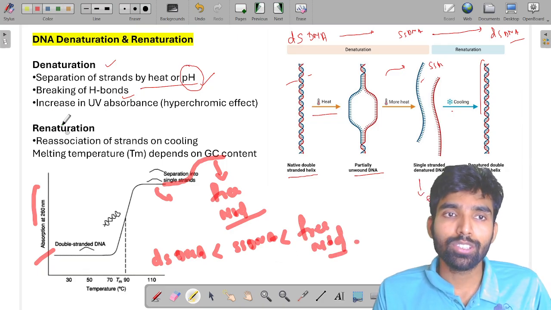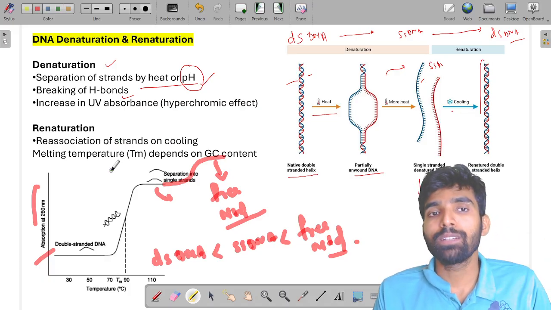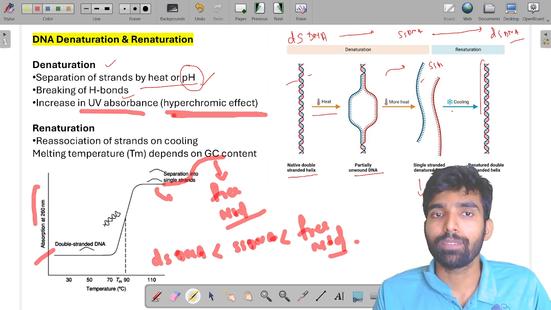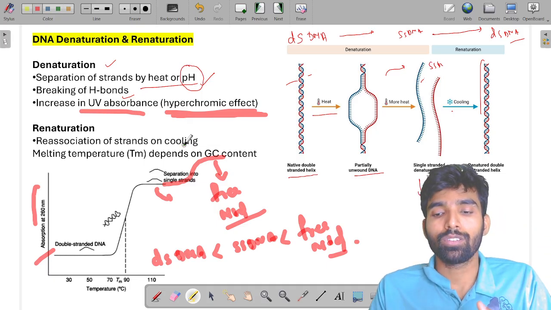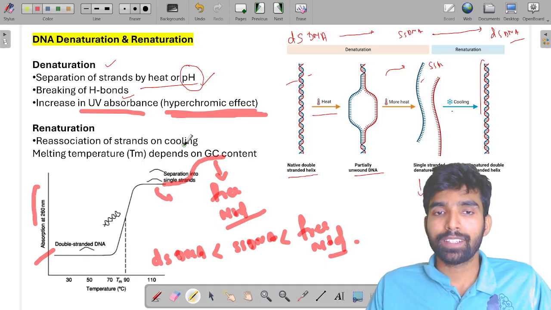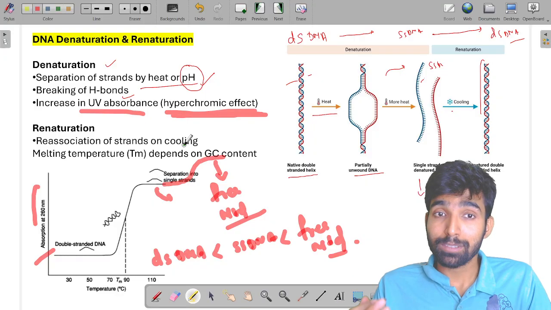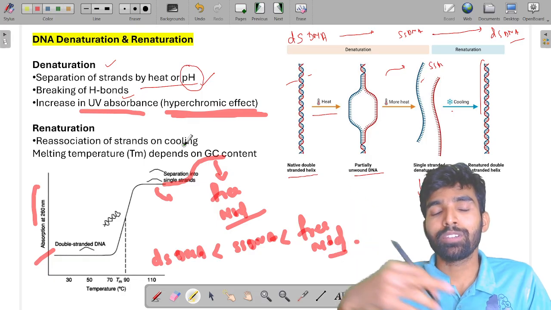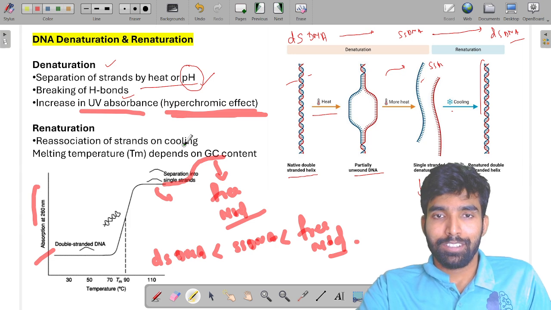Renaturation is the association of strands on cooling, nothing else, just coming back to the native form of the DNA. This increase in UV absorbance is known as the hyperchromic shift or hyperchromic effect. When denaturation is happening, the strands are getting separated and the nitrogen bases are getting more exposure, absorbing more. So there will be an absorbance difference between dsDNA and ssDNA. That's known as the hyperchromic effect. Okay, cool.